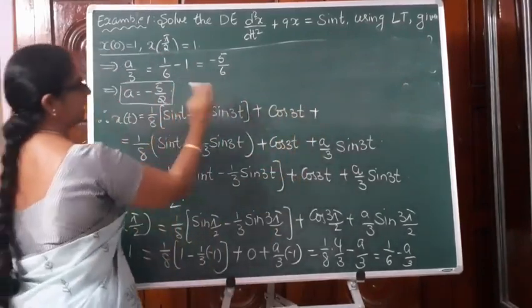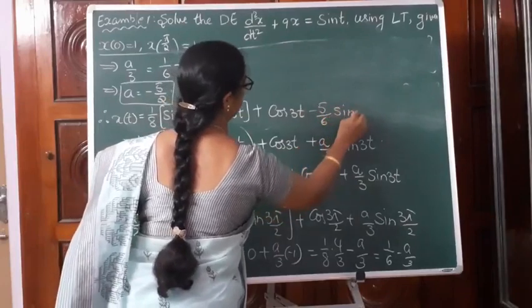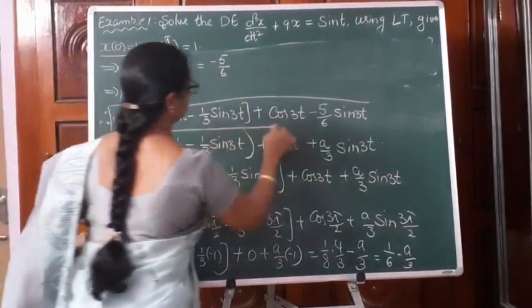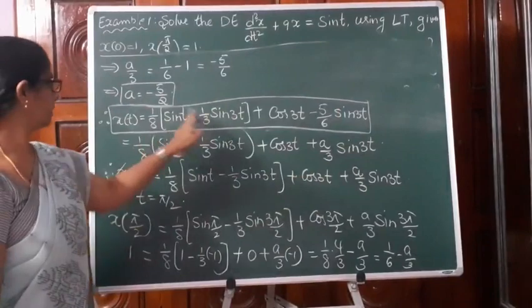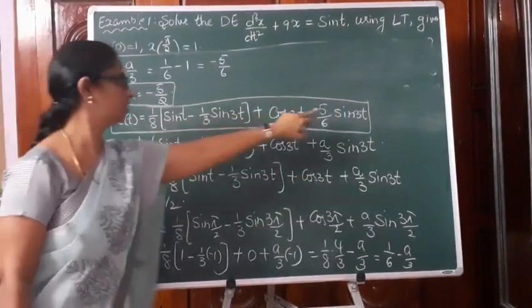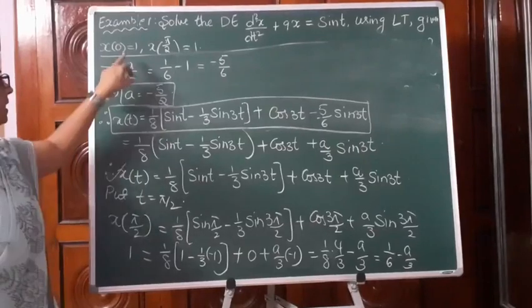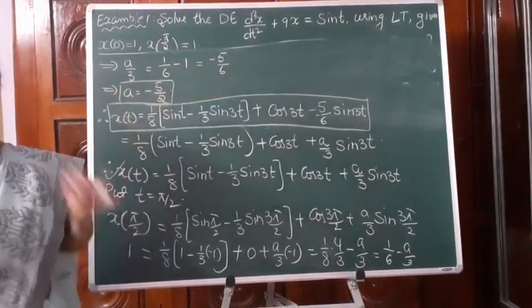A by 3 is minus 5 by 6, so this is minus 5 by 6 sin 3t. This is x of t, which is the solution of the given differential equation. And of course we can further simplify these two terms because both are sin 3t terms. When the initial condition is not given here, we assume it as x dash of 0.